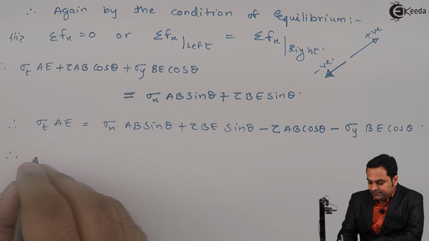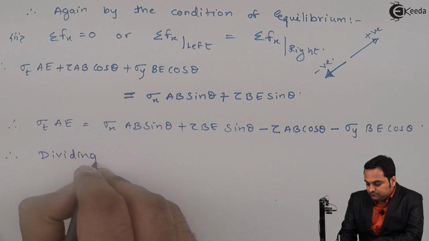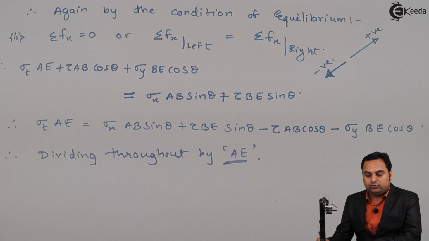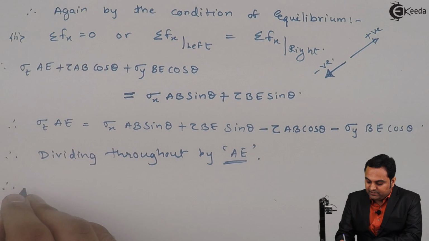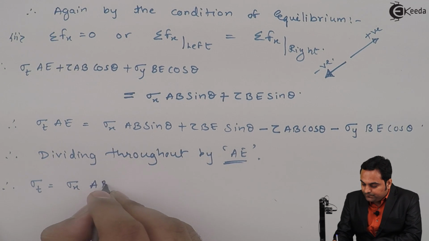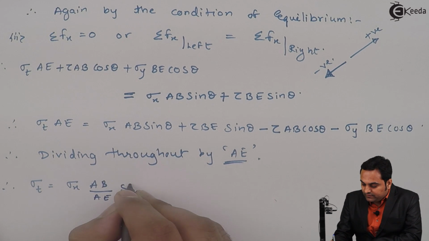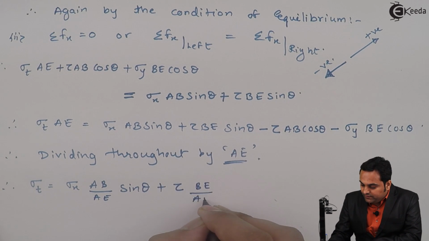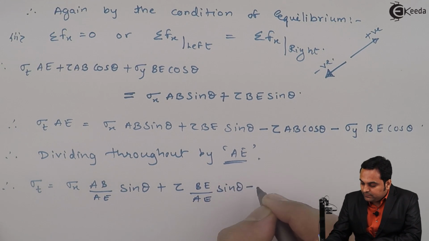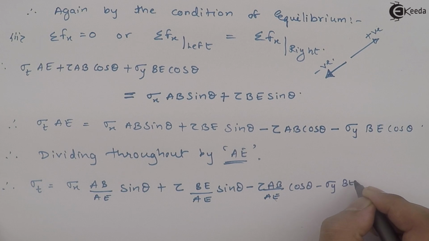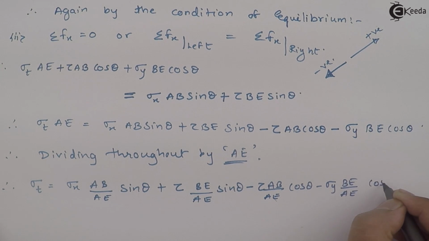After this I will say that therefore dividing throughout by AE, here AE and AE will get cancelled out, so sigma t is equal to sigma x, it will be AB upon AE sin theta plus tau BE upon AE sin theta minus tau AB upon AE cos theta minus sigma y BE upon AE cos theta.